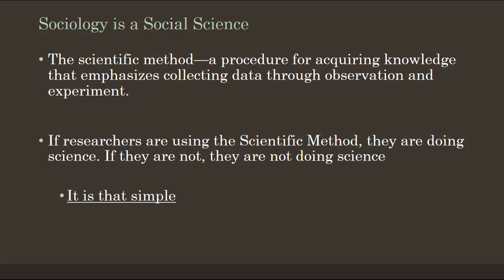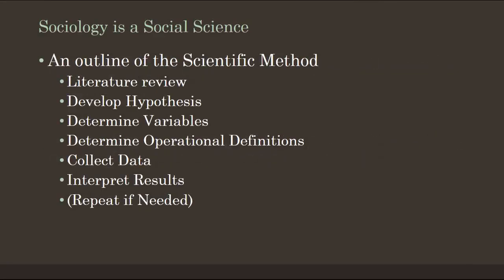If researchers are using the scientific method, they're doing science, right? If they are not using the scientific method, they are not doing science. That is what makes science science, the use of the scientific method. It's that simple. But what is the scientific method, you might ask?